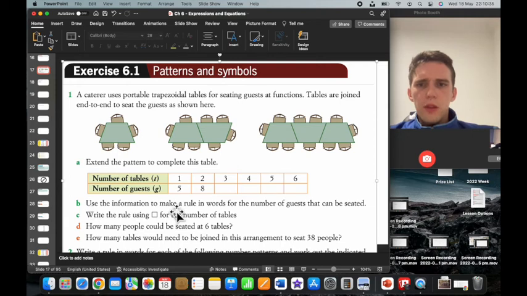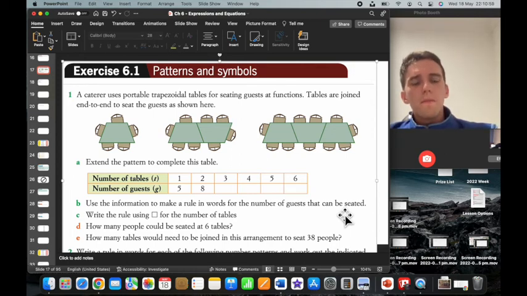Use the information to make a rule in words for the number of guests that can be seated. So the rule in words is that we can see there's 3 chairs added each time. For every table that's added, we need to add 3 chairs.